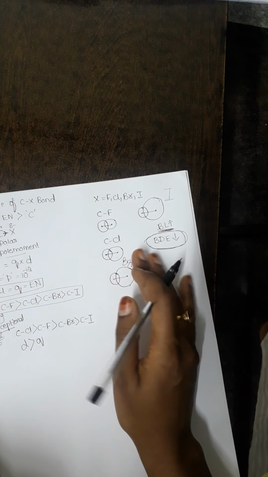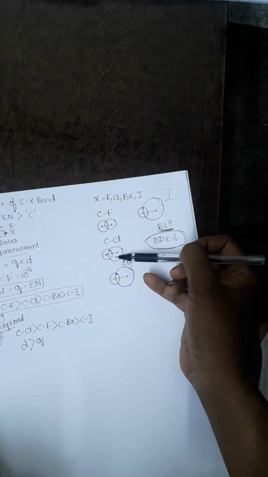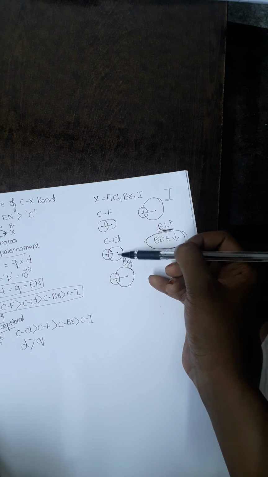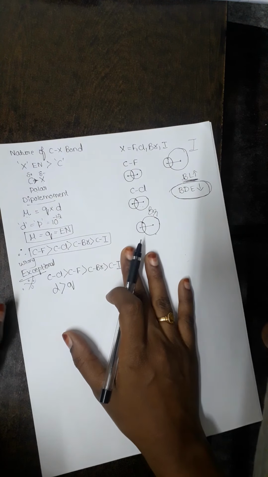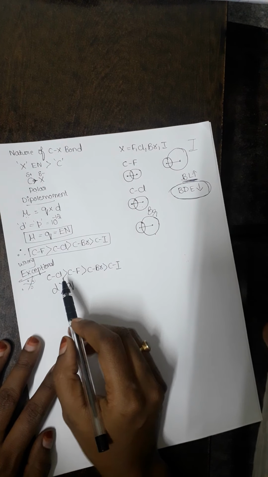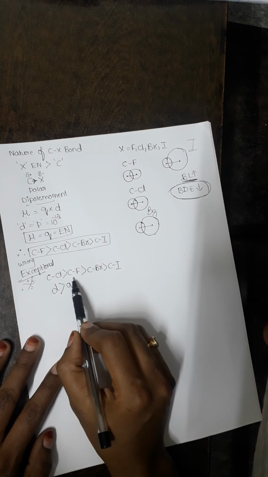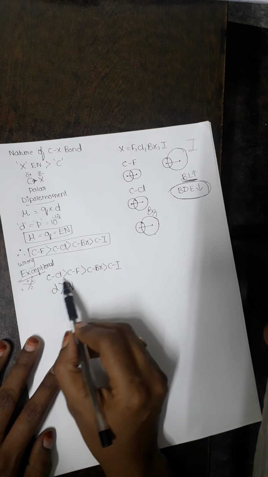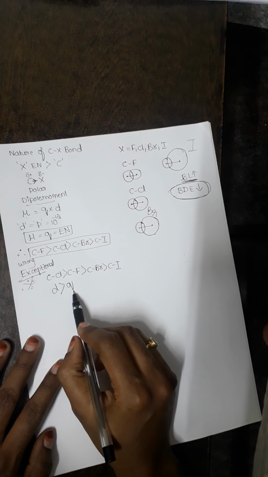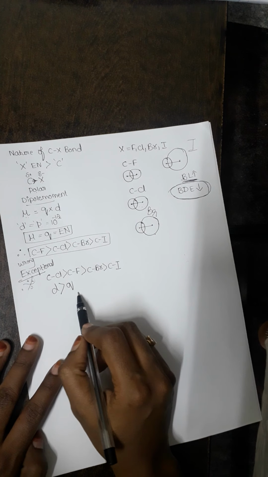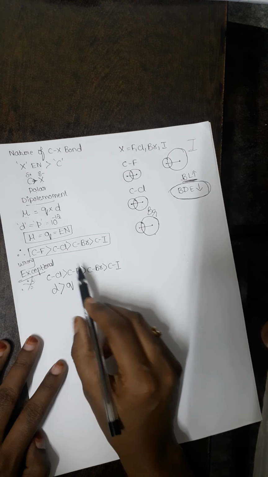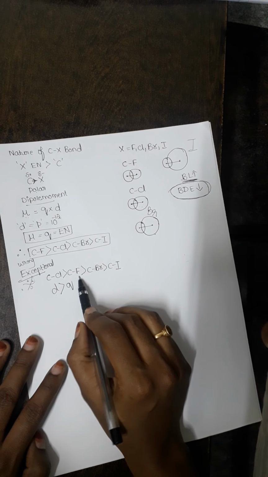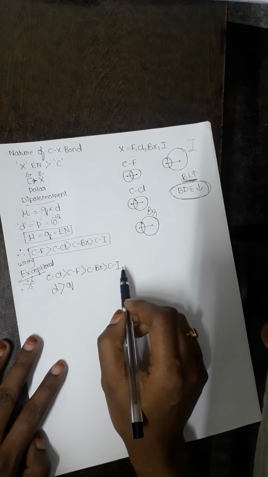From fluorine to chlorine, there is a very large change in the distance. Got my point? So when we compare the dipole moment of the C-F bond and the C-Cl bond, the distance is dominating over the charge. Therefore the C-Cl bond will have a higher dipole moment compared to the C-F bond, then followed by C-Br and C-I.